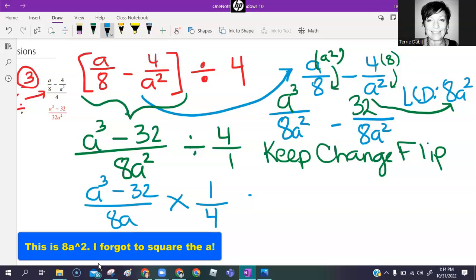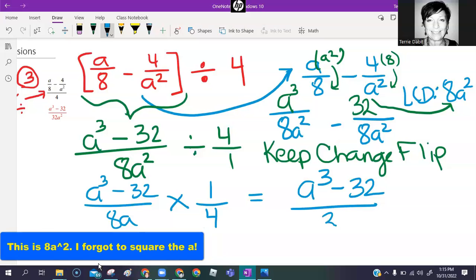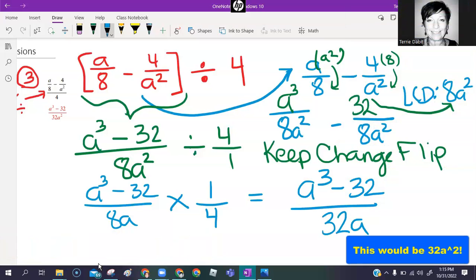Now if I multiply straight across, anything times 1 is just that anything. And then 8a times 4 is 32a. Final answer. And I go over and look at my answer. Check. Got that one right.